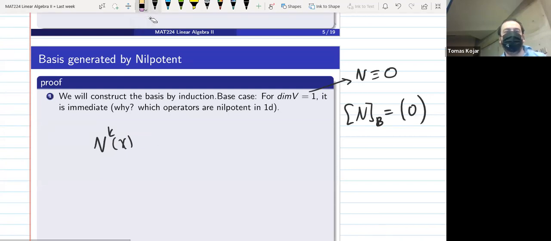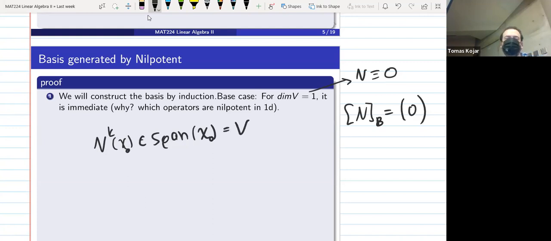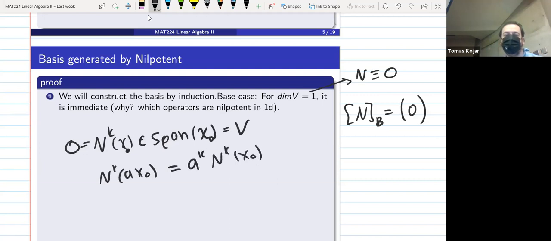Then this is a^k N^k of x naught, but this is 0.